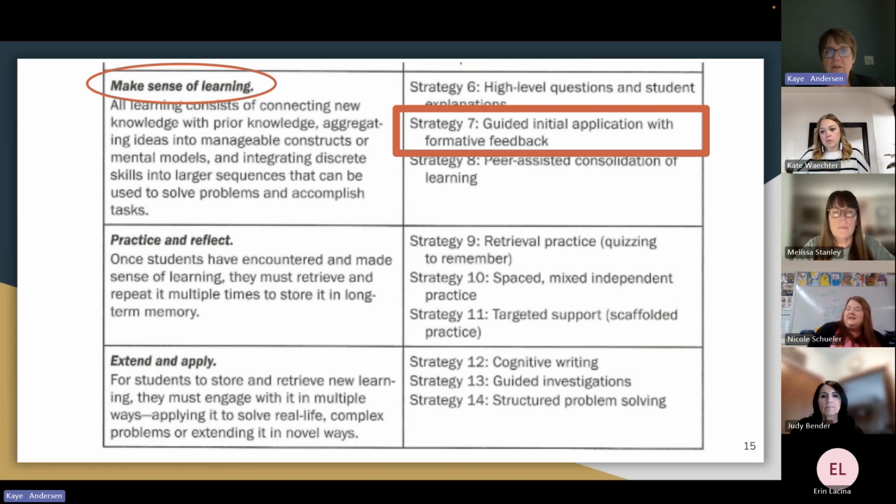We bring mental models. We have them do lots of guided initial application with formative feedback. This is where we're focusing on before we move into that extra retrieval practice and before we get them into guided investigations and problem solving and ability to apply what they have learned.